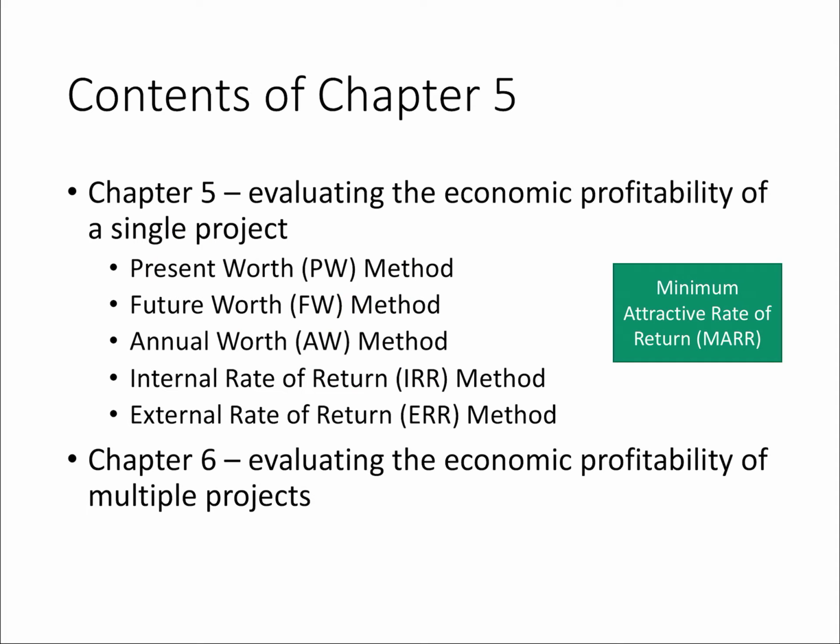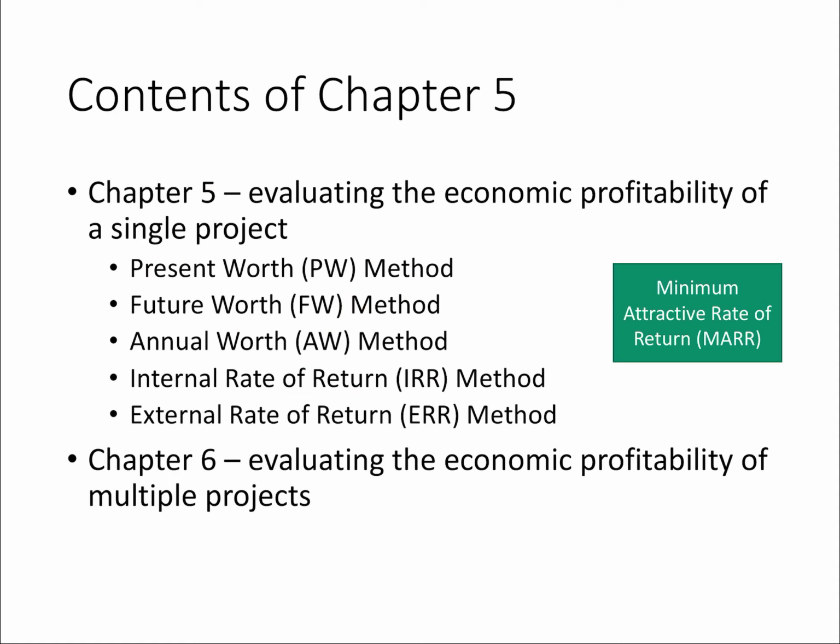So in the contents of chapter 5, you are going to learn 5 different methods that you can use to evaluate if the economic profitability of a single project is good or not.